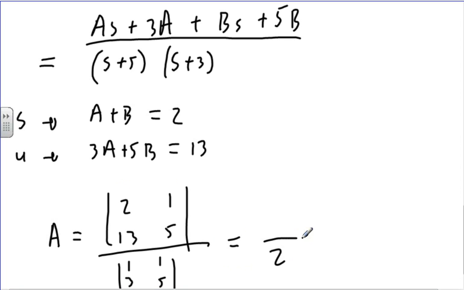I got a 2 on the bottom, 10 minus 13, I got a minus 3 on top. So if A is minus 3 over 2, then B is going to have to be 7 over 2.